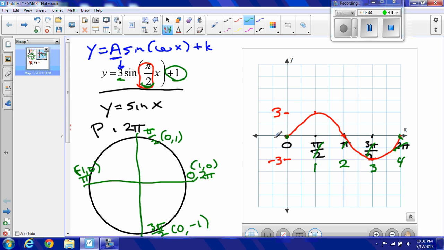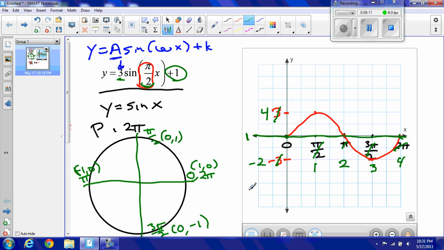I can change my center line, which in my parent and initial transformations is the x-axis, from y equals 0 to y equals 1. If I do that, this 3 now becomes a 4, and this -3 now becomes a -2, and my graph has been completely transformed.